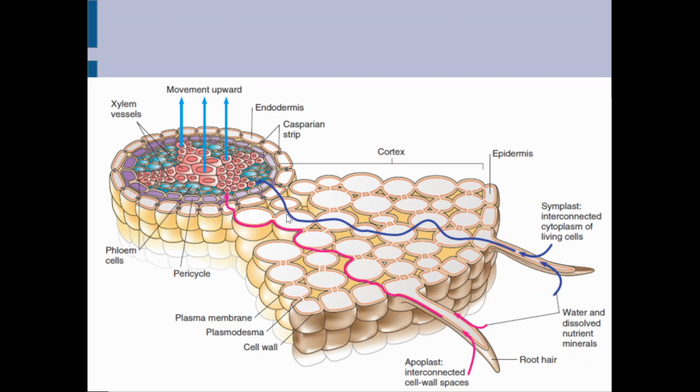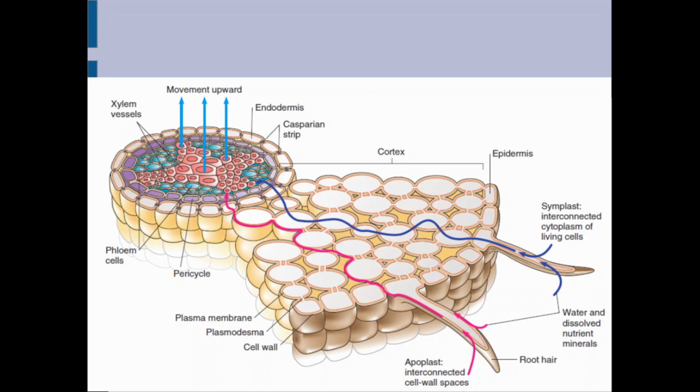So this is plasmodesmata. The symplast allows water and minerals to move, and the apoplast is usually for minerals.